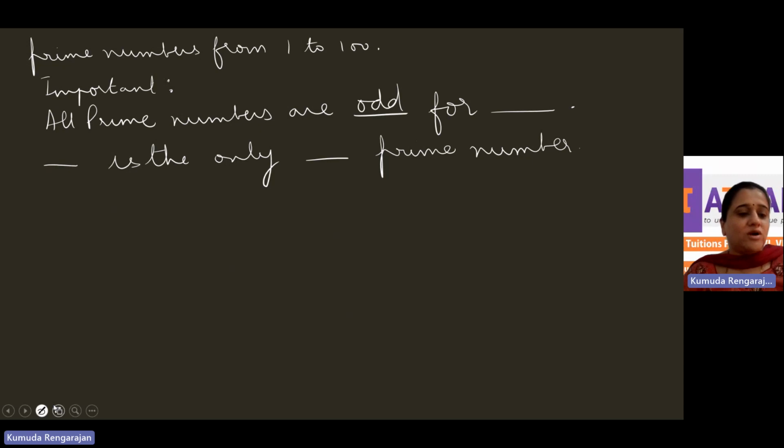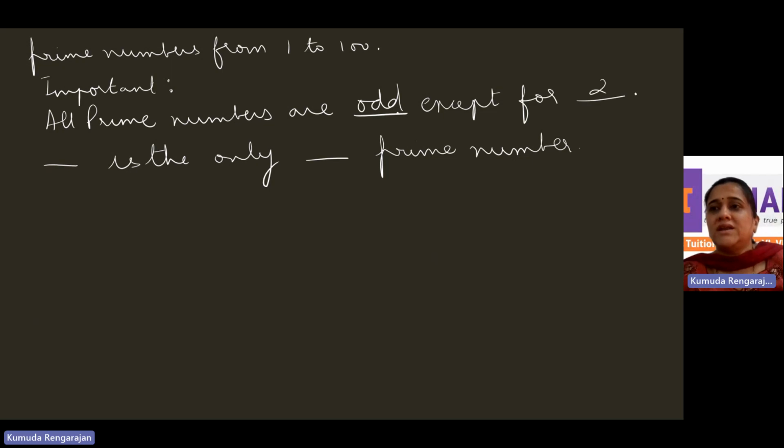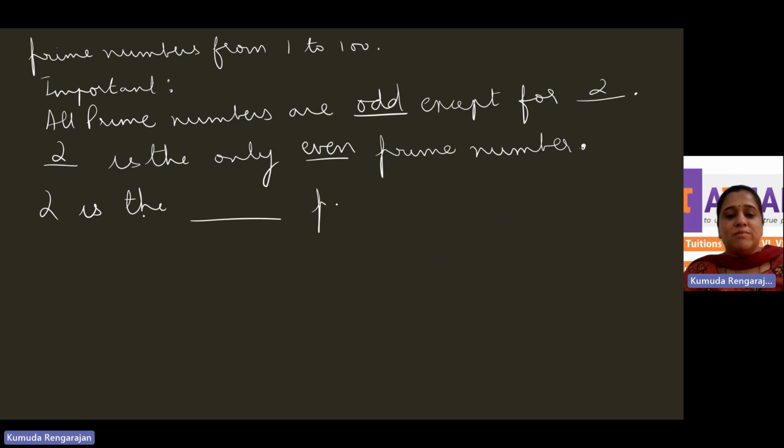Except for, I forgot to write the word except. All prime numbers are odd, except for 2, correct? 2 is the only even prime number. It's an even number and a prime number. 2 is the smallest prime number.